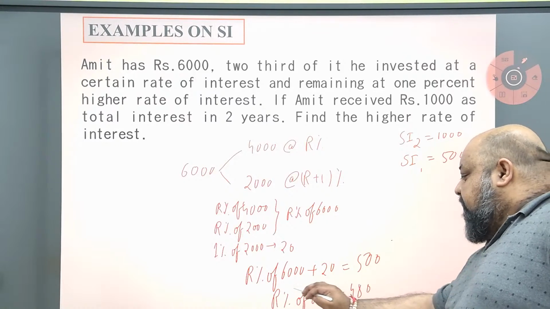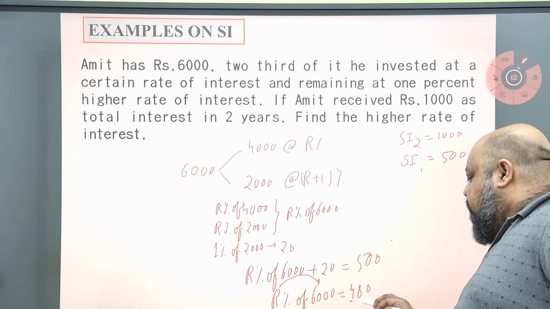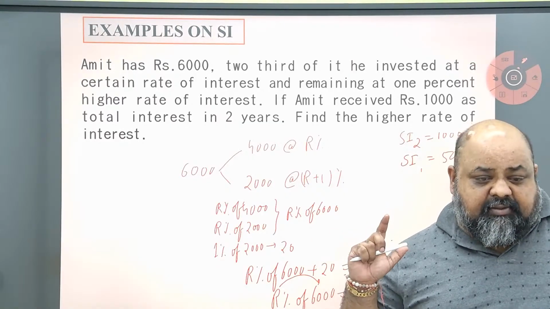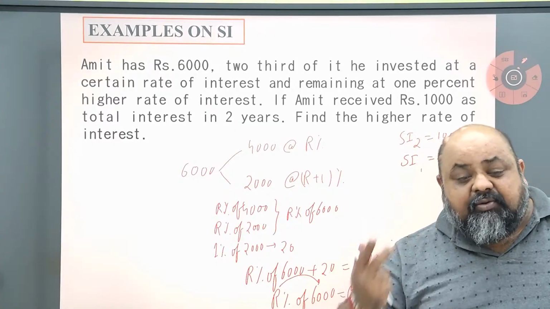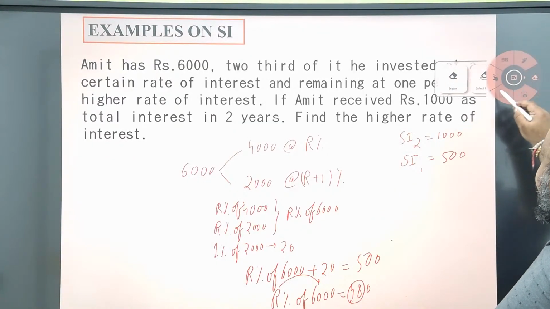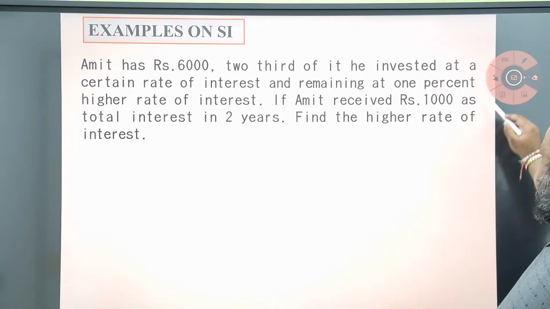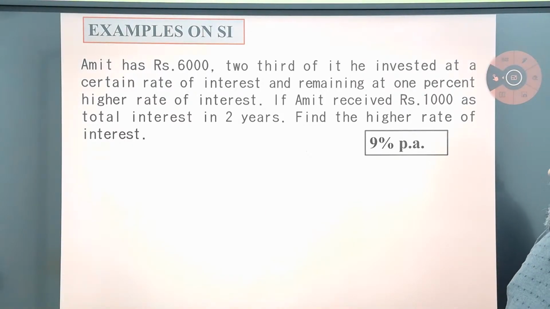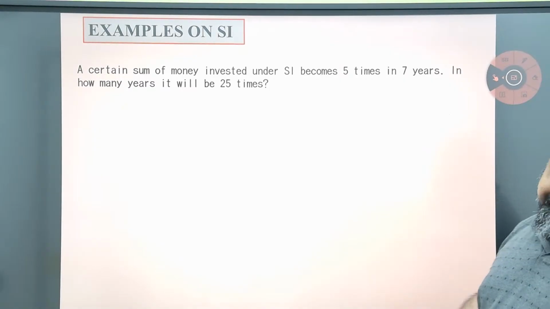Now what number should I multiply 6 with to get 48? Because 8 sixes are 48, so r becomes 8. This actually could have been done orally as well. And therefore, the answer in this case, the higher rate of interest will be r plus 1 or 9%.